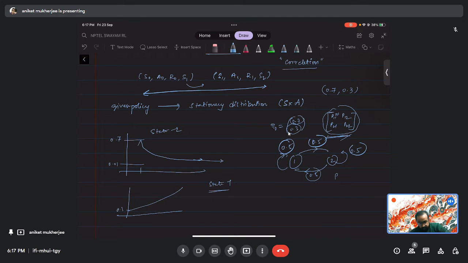Now if you have something which gives you this kind of distribution, and you sample it with starting probability 0.7 and 0.3, as you go to infinity, you will sample state 1 more times than state 2. Does that make sense?